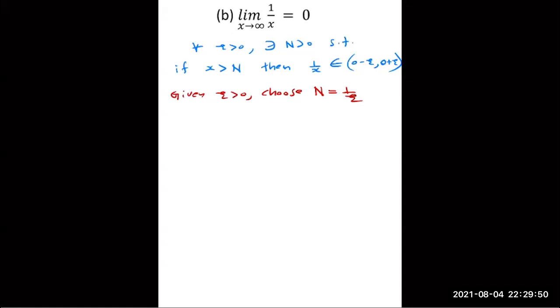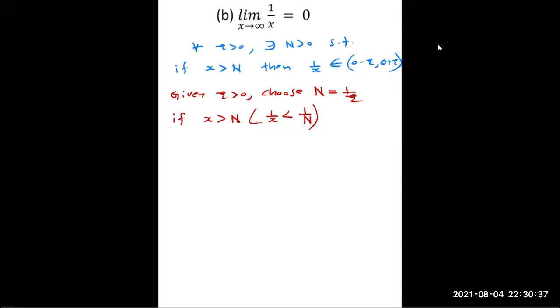Now assume that x is bigger than n. Remember, if x is bigger than n, 1 over x has to be less than 1 over n. Right? That is clear. The reciprocal has to be less than 1 over n.